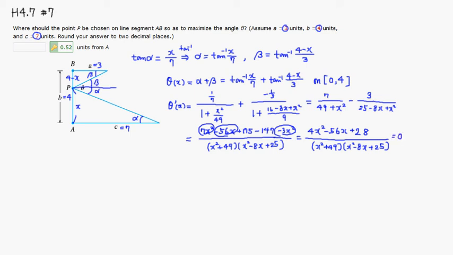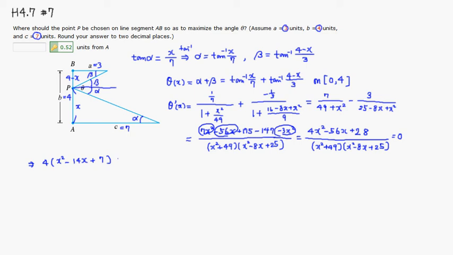Everything seems to have 4 on top, so I'm going to just factor out 4. Then you have x squared, and pulling out 4 from negative 56x gives negative 14x, and pulling out 4 from 28 gives plus 7.